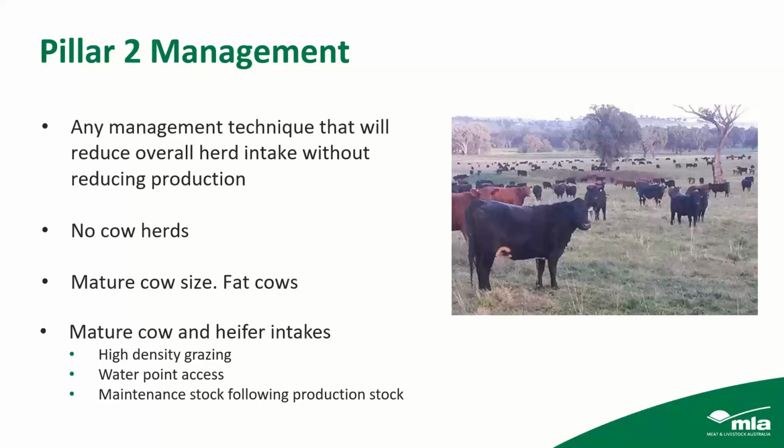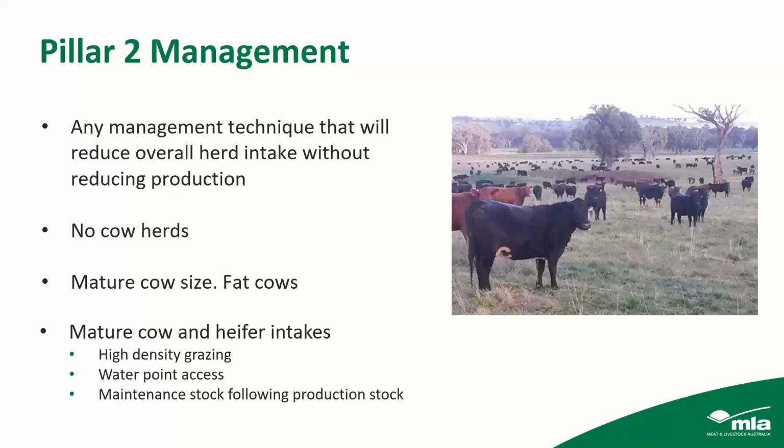So there's a lot of discussion about the relationship between fat and fertility. We can't go into that now, but knowing that fertility is dominated by that month before joining, it doesn't matter how fat the cow is at that stage. It's at that stage all about a rising plane of nutrition. So a condition score 2 cow, 3 cow, 4 cow doesn't have any greater chance of getting in calf than the others.